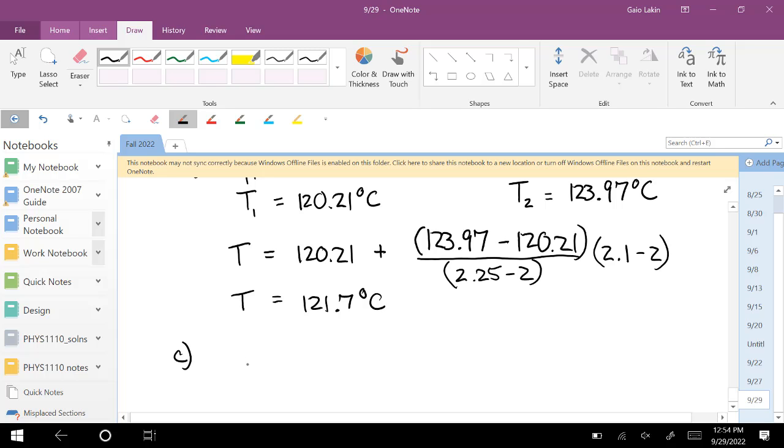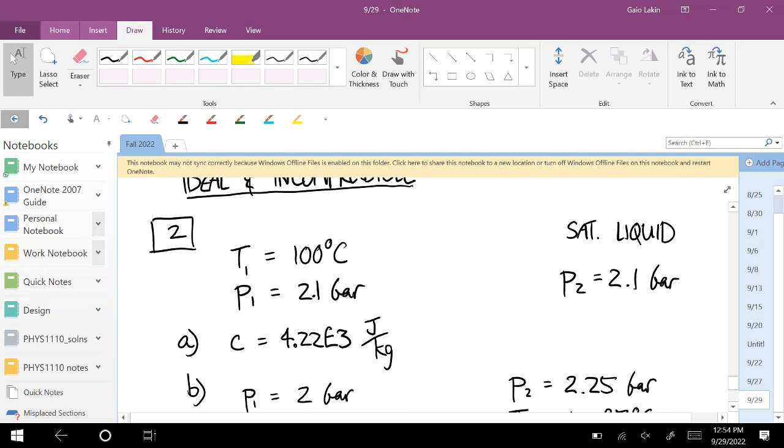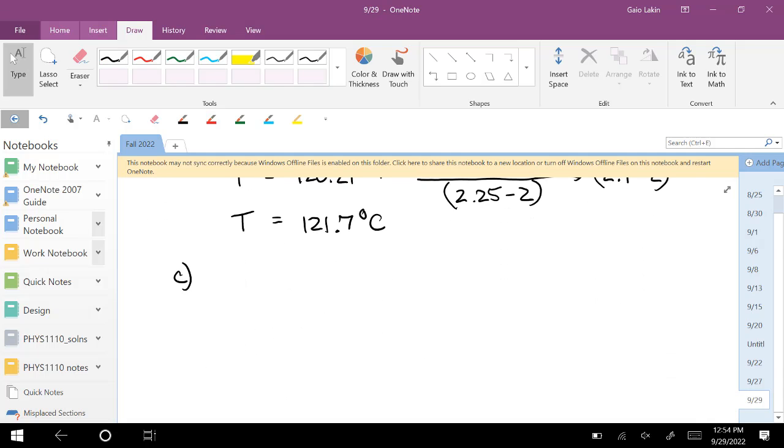We have the specific heat, C is 4.22 times 10 to the third, and for an incompressible material, that's equal to dU/dT.